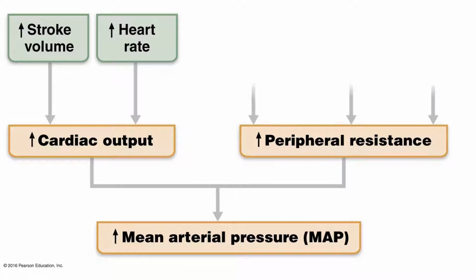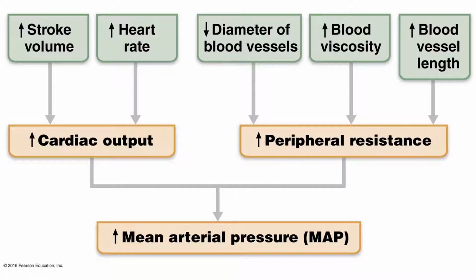Peripheral resistance is caused by blood vessel diameter, blood viscosity, and blood vessel length. Again, an increase in viscosity or length would increase resistance, which would increase pressure. Out of all of these variables, the only one that would decrease to cause increased pressure is the diameter of a blood vessel.